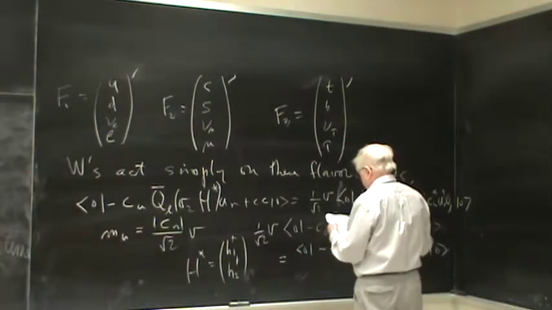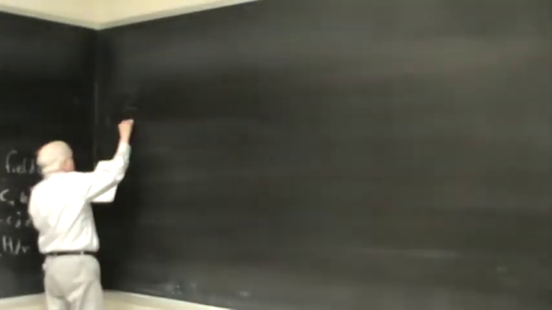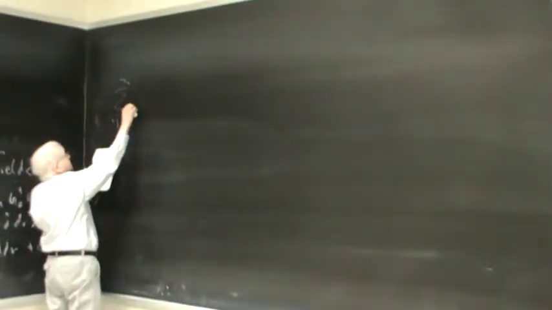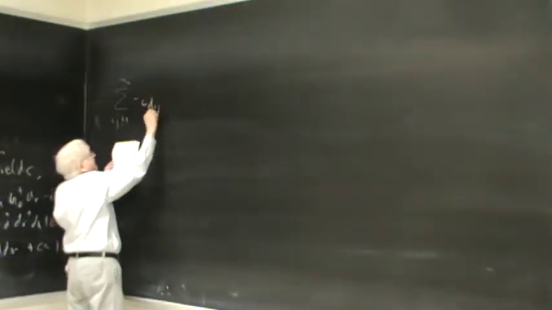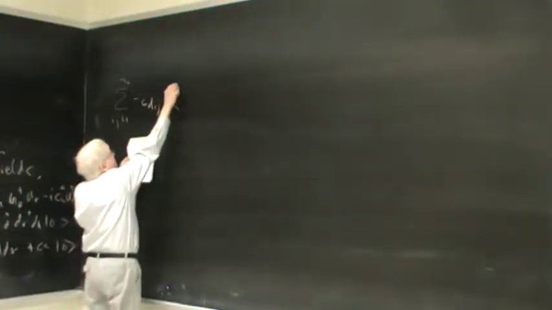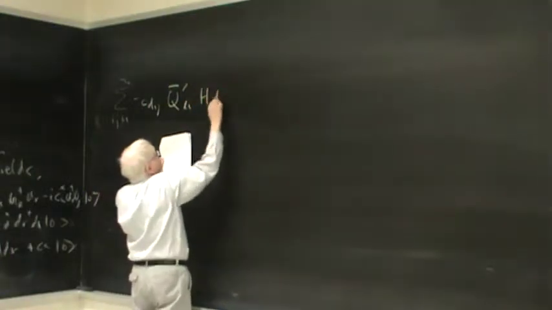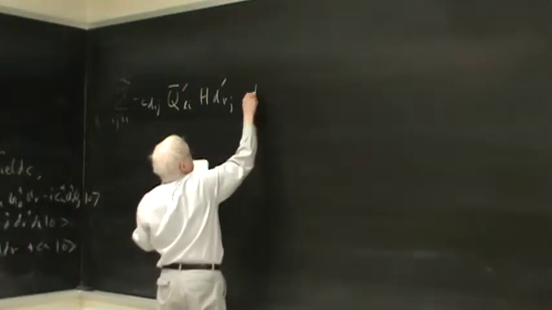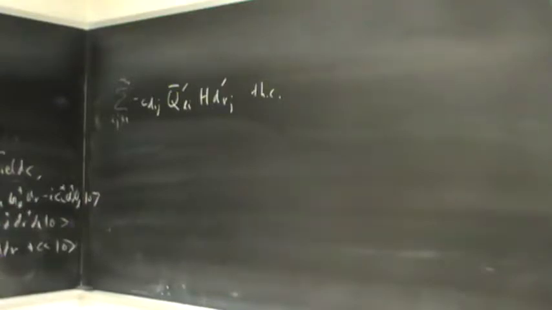So in other words, what we have is the sum over i, j equals 1 to 3 of minus c_d, but now ij, q bar prime left i, H, d prime right j, and then plus, I'll just write plus h.c. to make things simple. So these are the terms that give rise to the down quark masses.